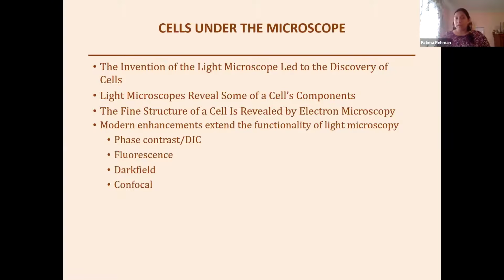So before the invention of microscopes, it was very hard to figure out what life was made of, or if there were any similarities between all these variable organisms that were present on Earth. But the invention of the light microscope back in the 17th century led to the discovery that all living organisms, all living beings, seem to be made of similar structures called cells.